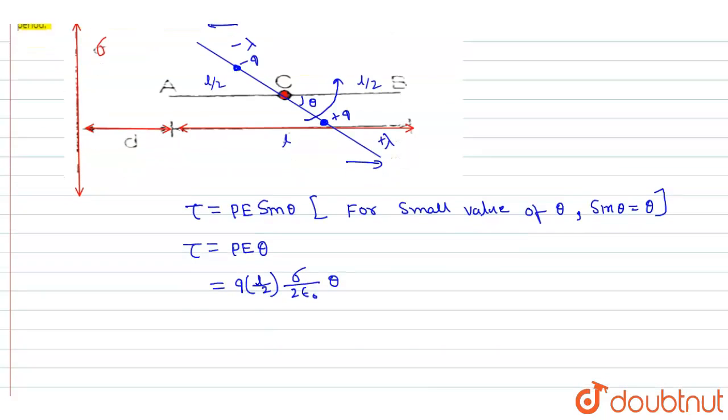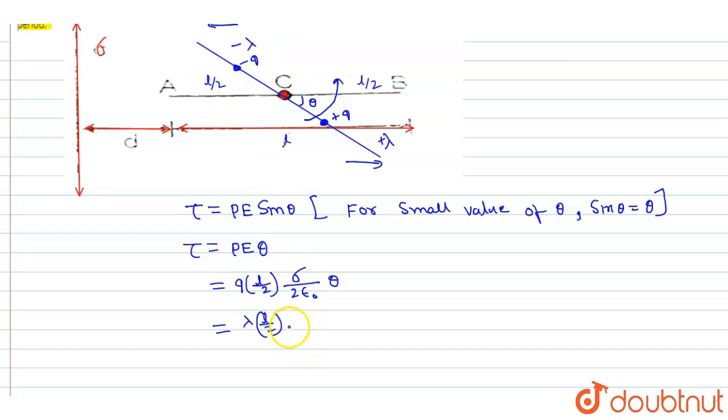Now Q is equal to charge density into length, and the length is L by 2, so Q is lambda into L by 2.